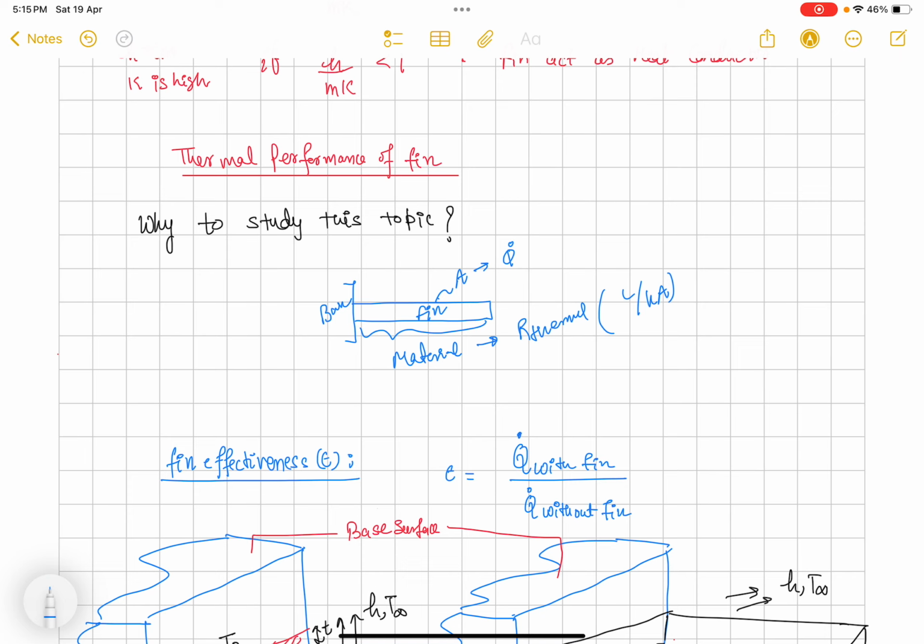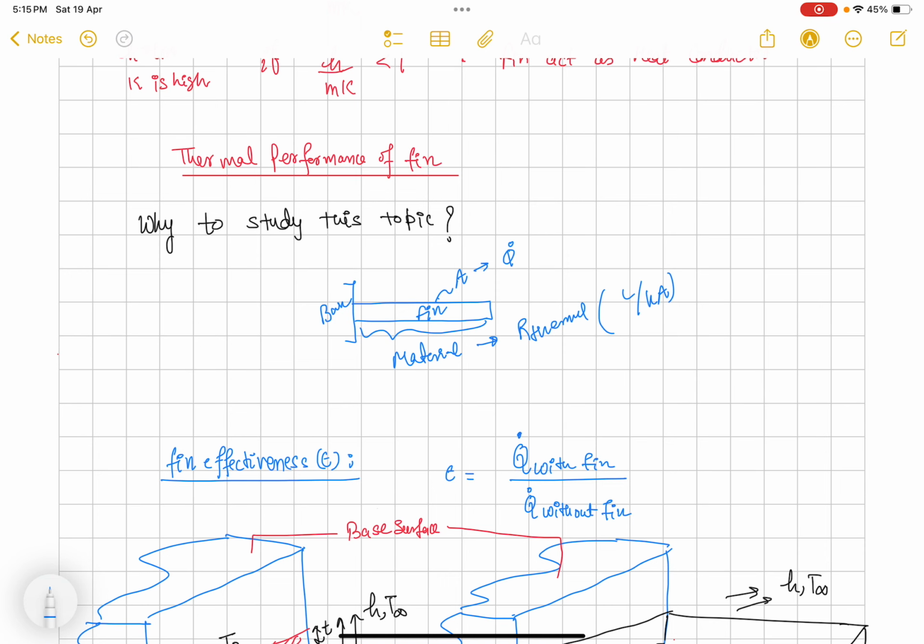So the fin itself poses a conduction resistance to heat transfer to the original surface. For this reason there is no assurance, and we have to find some assurance criteria that heat transfer will really be increased or not if we put the fin on the base surface. All right, so for the assessment of this matter, we have to study some performance parameters of these fins.